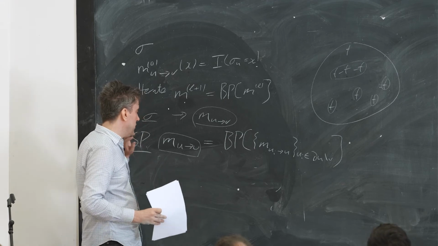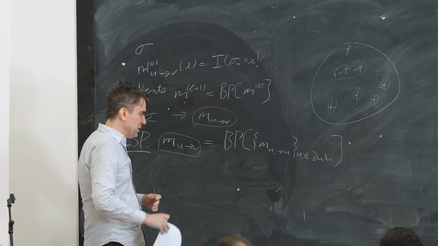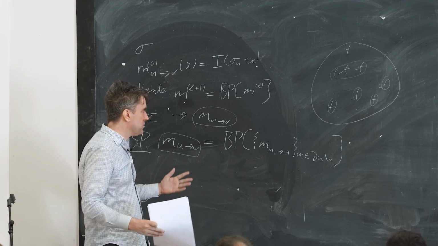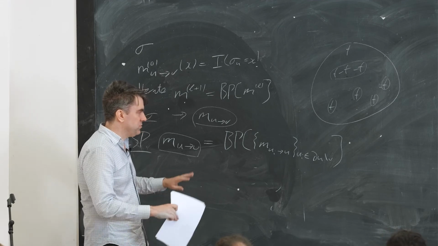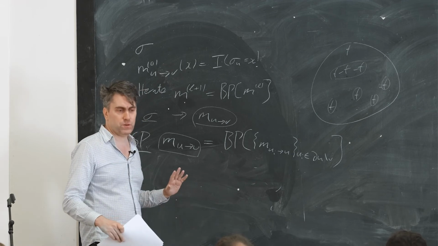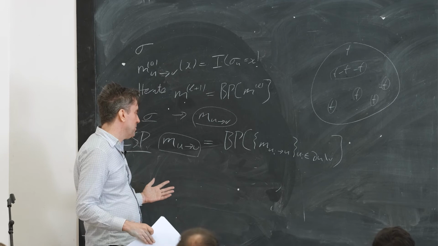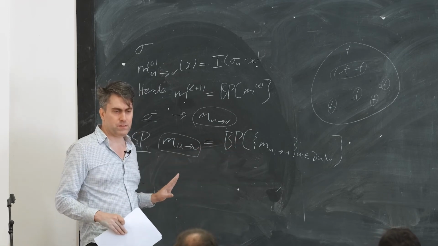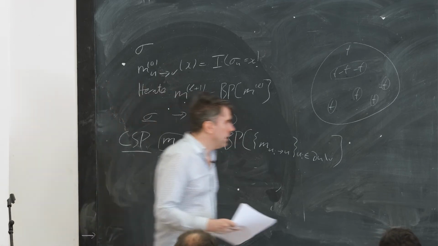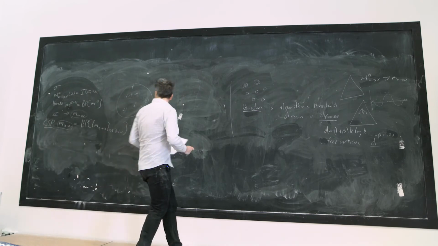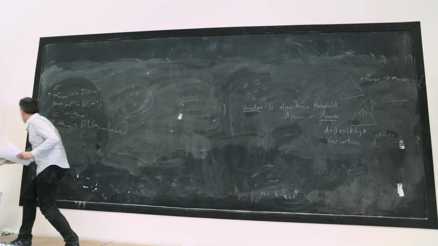We built up a general theory for how to compute moments for spin systems and random constraint satisfaction problems, so we'll just apply it to the set of M's. Okay.